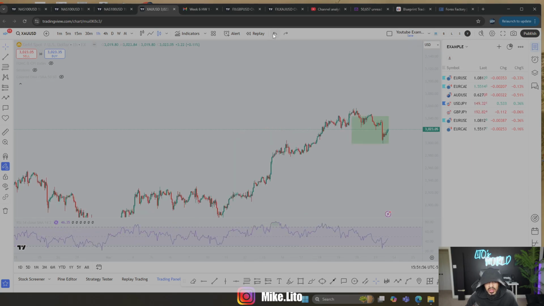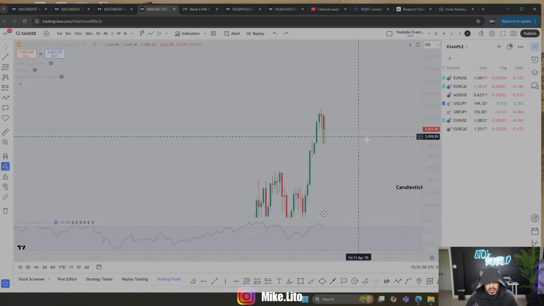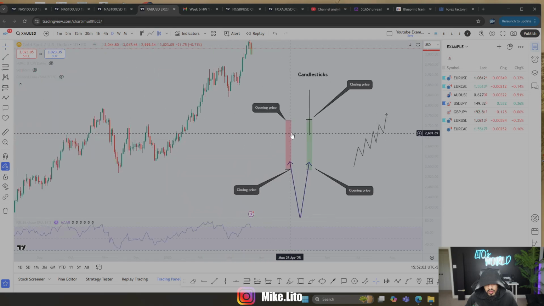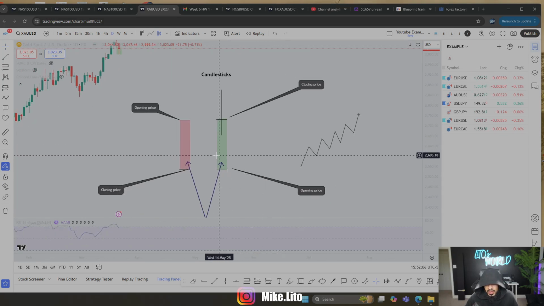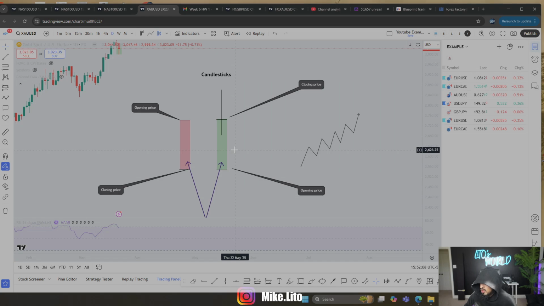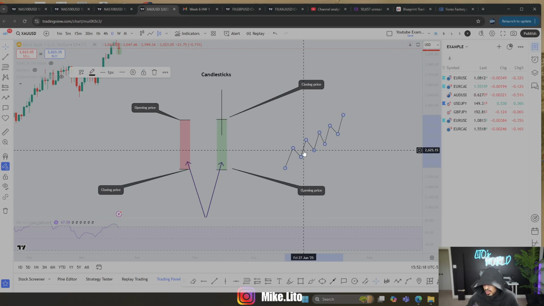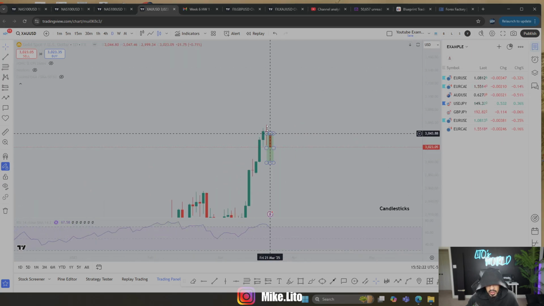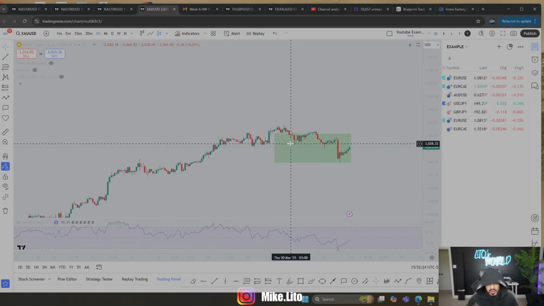So when you see something like a daily candlestick, let's just say you're doing a top down analysis or whatever the case may be, that means that when you go down to your smaller time frames, you're going to see that push up or that push down. In this case, if this is a bullish daily candle, you're going to see price pushing up on the smaller time frames. Just like in this candle, this was a bearish candle, but when we drop down to the 1-hour, price was pushing down.